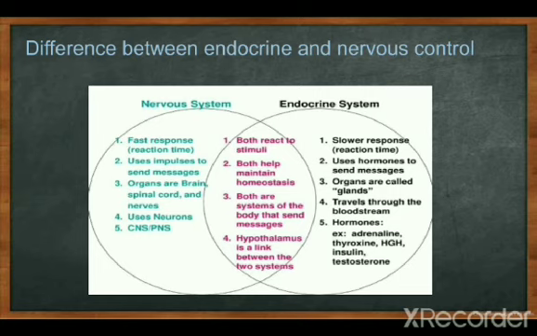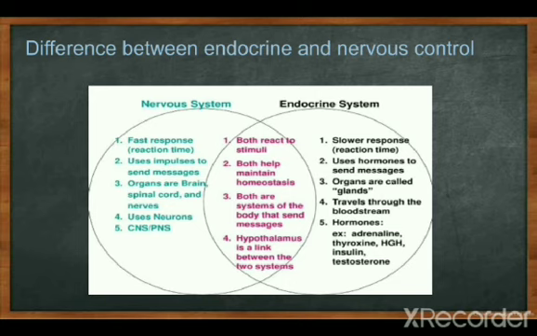Here is a diagram. The nervous system gives a fast response and the endocrine system gives a slow response, because the endocrine system is responsible for hormones, which react slowly. The nervous system is responsible for neurons, which you have already studied in class 9, the tree or branch-like structure. So it gives a fast response compared to the endocrine system.